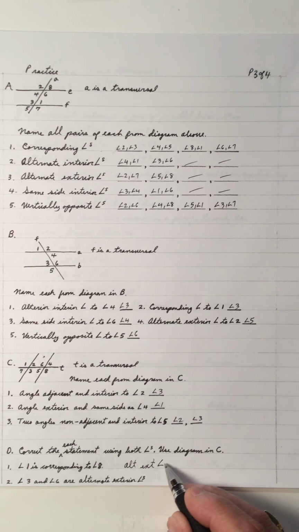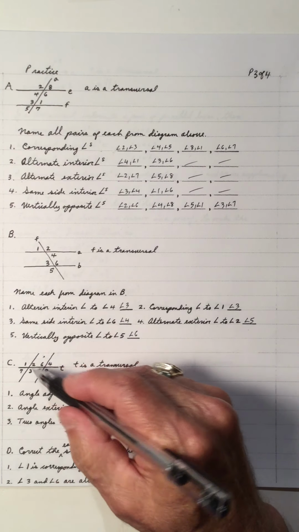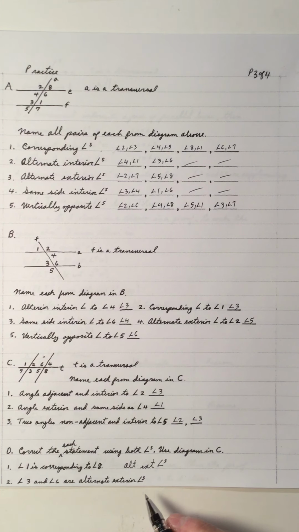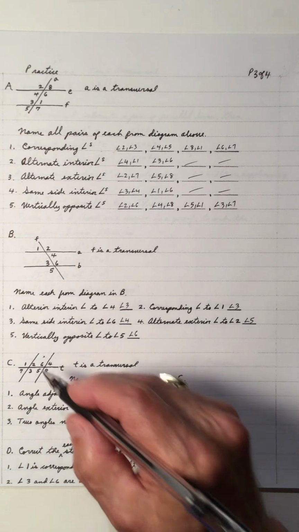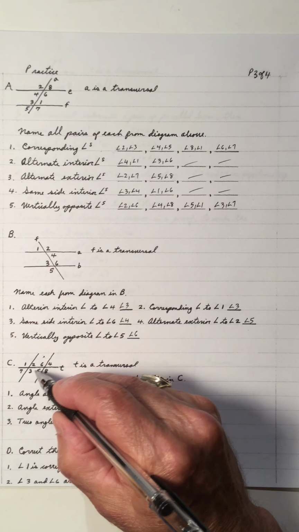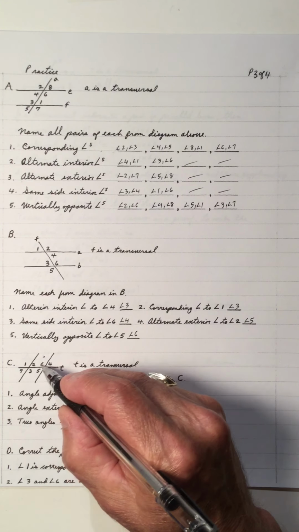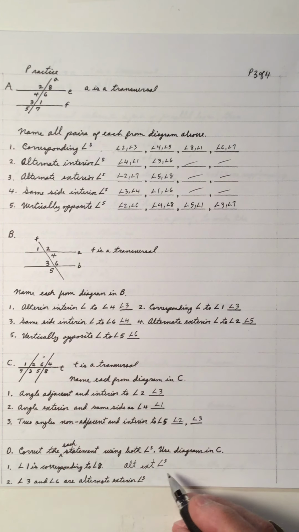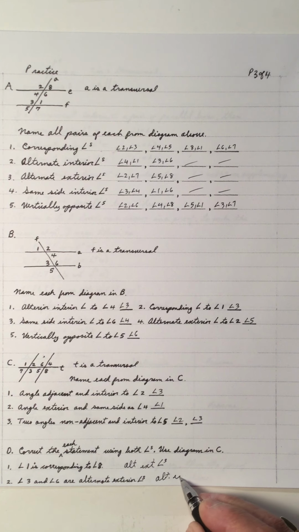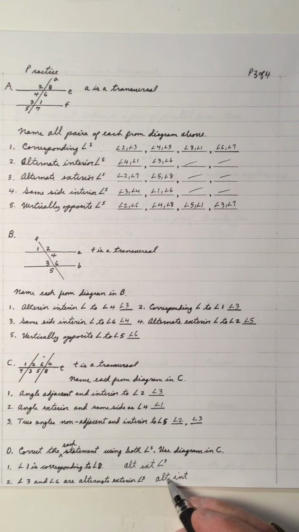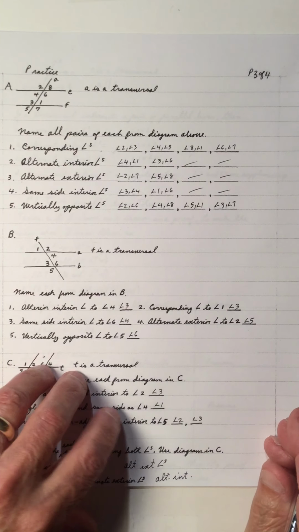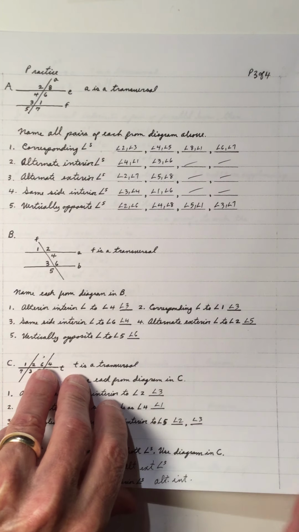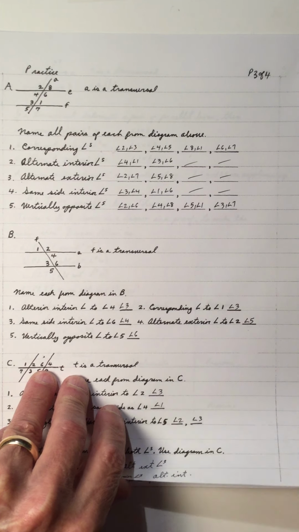They're alternate exterior angles. 1 and 8 are not corresponding, they're alternate exterior. 3 and 6 are alternate exterior? 3 and 6 are not alternate exterior. They're interior angles, so they're alternate interior. Notice I write ALT for alternate, INT for interior, just to save some time and space. Okay, let's continue.